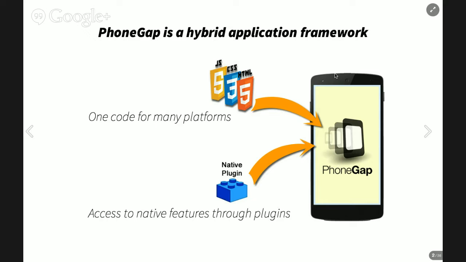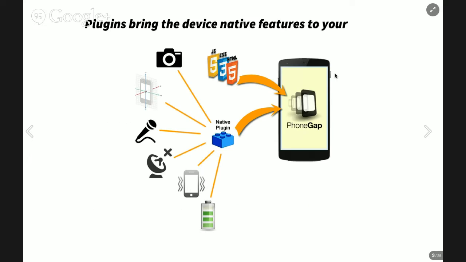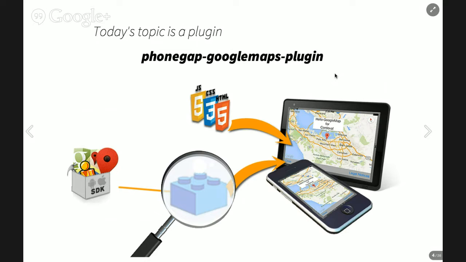So basically, a web page displays correctly. And PhoneGap allows us to access native features such as camera or GPS through the native plugins. There are many plugins: camera, sensor, mic, GPS, vibration, battery. Also, my plugin.